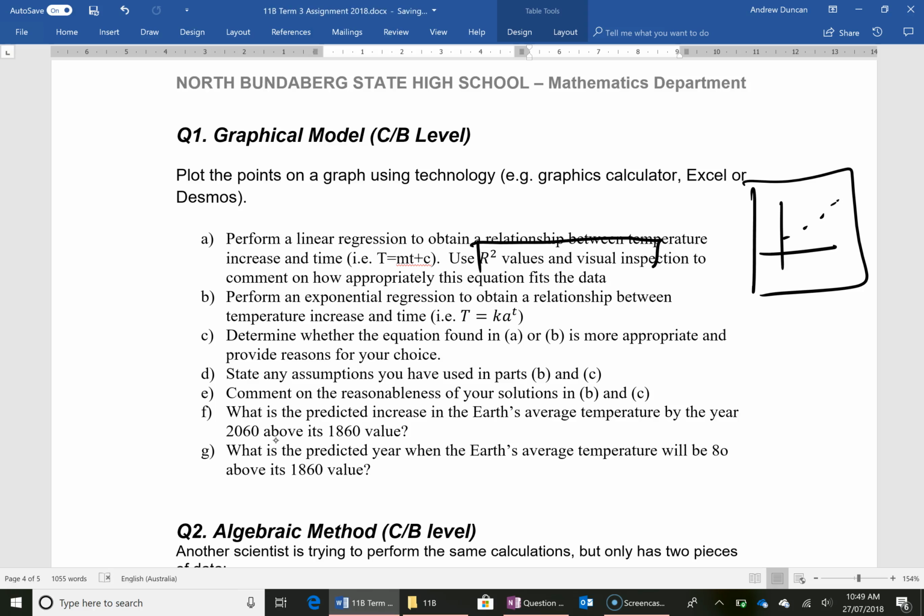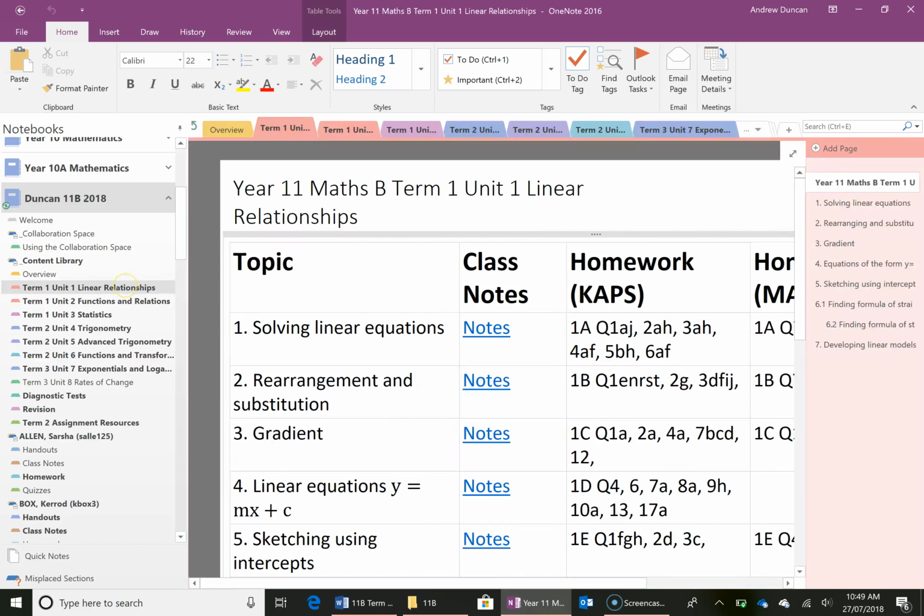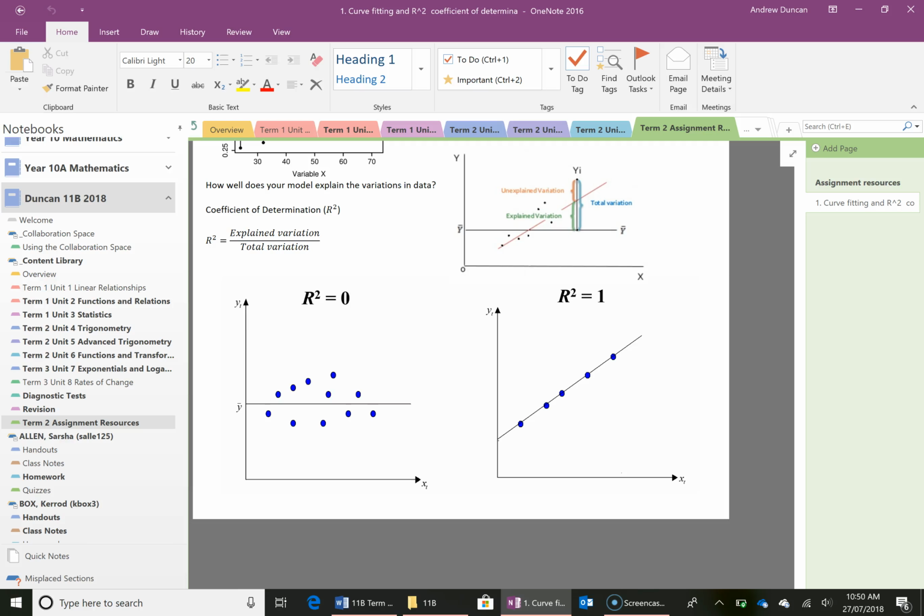Definitely comment on the R-squared values. So what do we know about R-squared values? What's a good R-squared value? Yeah, one would be the best one. Okay, what would we accept as a good R-squared value? Just to remind you of that, it's a measure of how well the line of best fit fits the data.